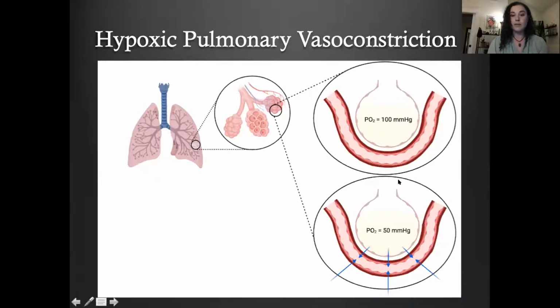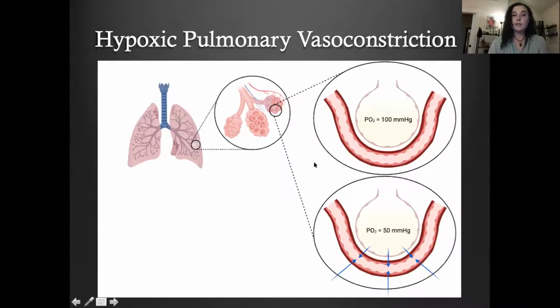If we then look at this bottom right diagram, this is a hypoxic alveolus with a PO2 of 50 millimeters of mercury. And you can see by these arrows that this response is then going to constrict this blood vessel in order to divert blood away from this hypoxic alveolus and towards more well-ventilated alveoli in the lungs.